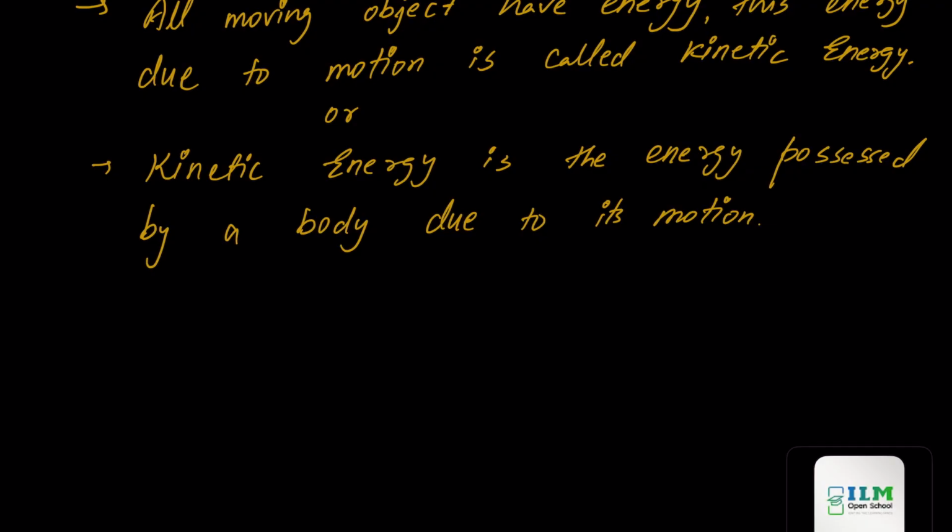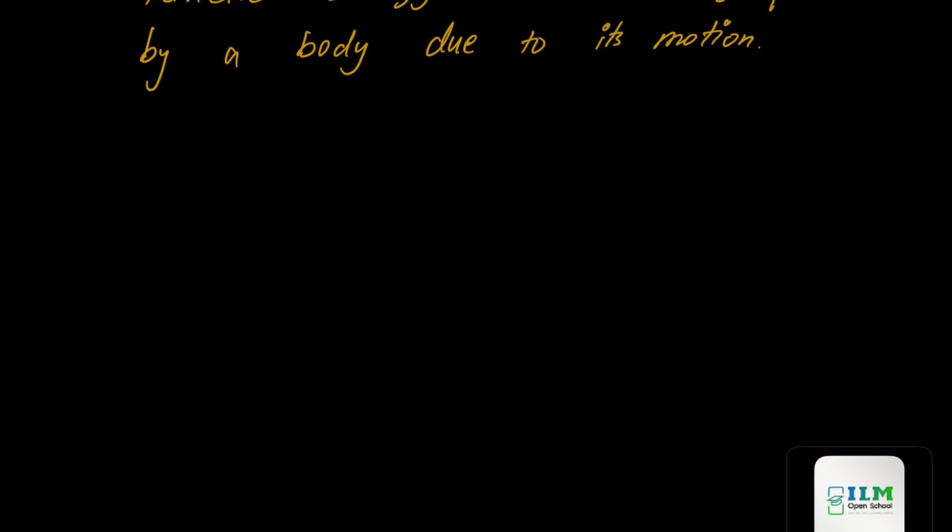If some object has some velocity, some speed, some motion, then it must have kinetic energy. And this kinetic energy is because of that motion. So it's all about motion. Since it's all about motion, there is certainly some relationship between kinetic energy and velocity, which we can see from the formula.